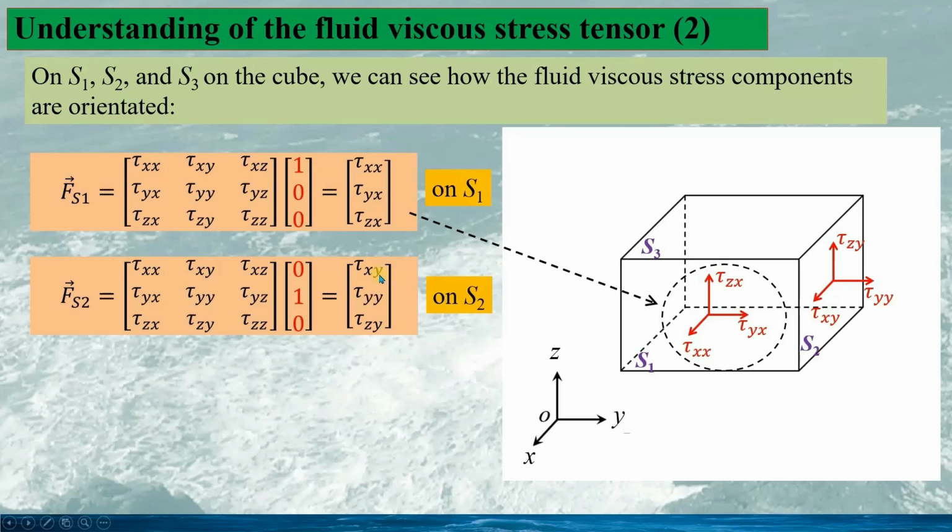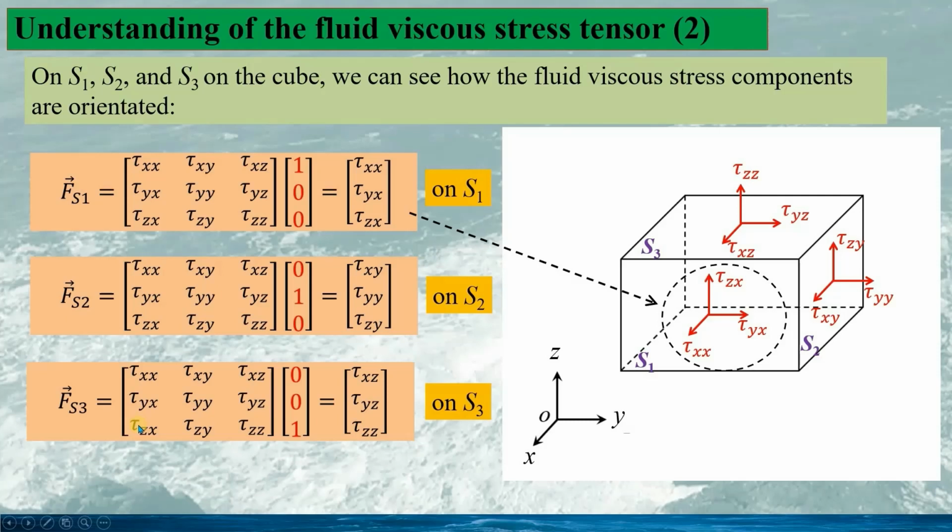And the second subscripts are all y, that means on S2, for which y is a constant. And similarly, on S3, we have tau xz, tau yz, and tau zz. So these are exactly the same as the ones we showed before, and the ones we can see in many textbooks.